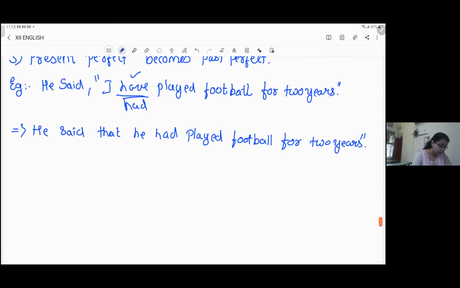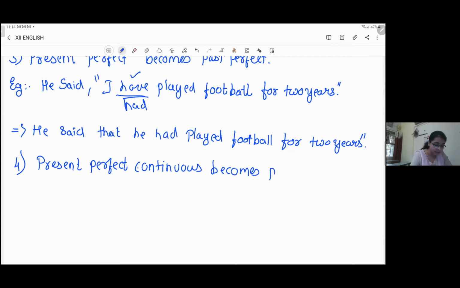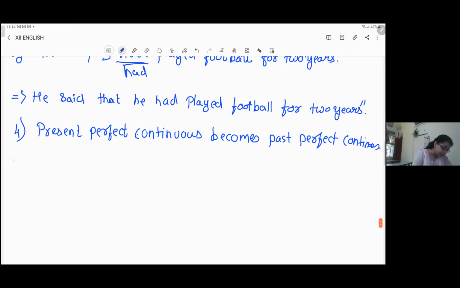Now, the fourth one. Write down present perfect continuous becomes past perfect continuous. Clear? Now write the sentence.